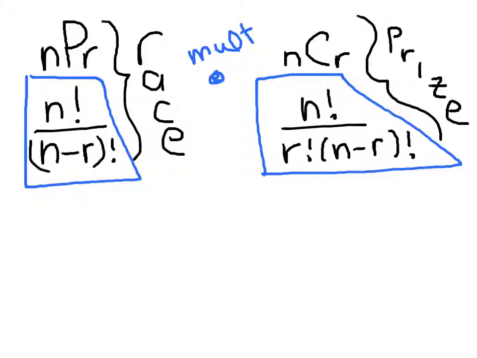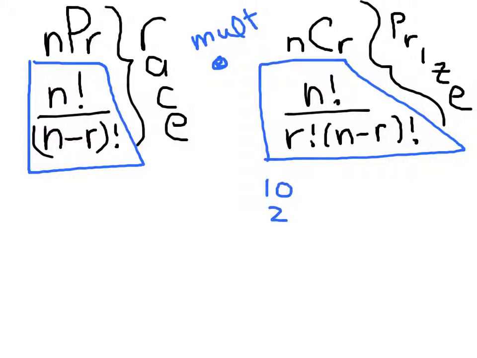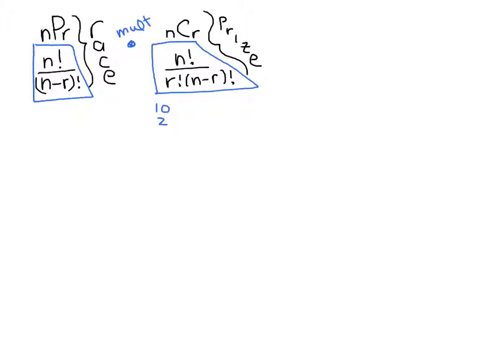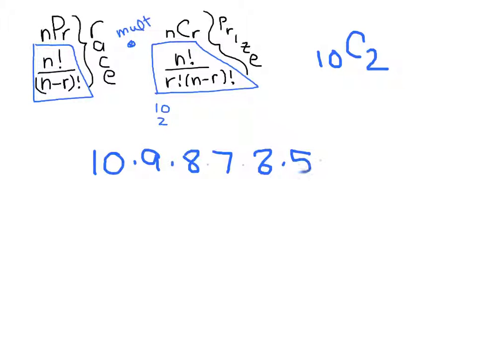Like, let's say my question had 10 choose 2, which can also be written as 10C2. So if I'm working this out, I have 10 factorial on top, which is 10 times 9 times 8 times 7 times 6 times 5 times 4 times 3 times 2 times 1.